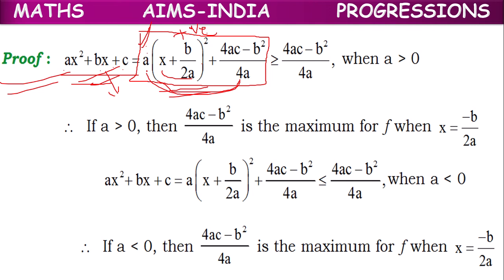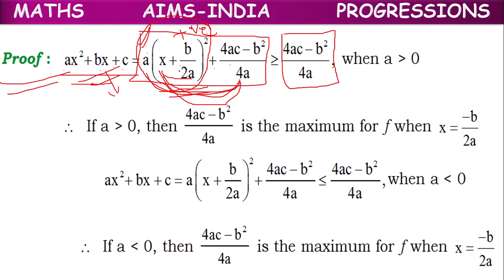If a is greater than 0, this total value is always a positive value, and if it is added to this 4ac minus b square by 4a, the result will always be greater than or equal to 4ac minus b square by 4a.